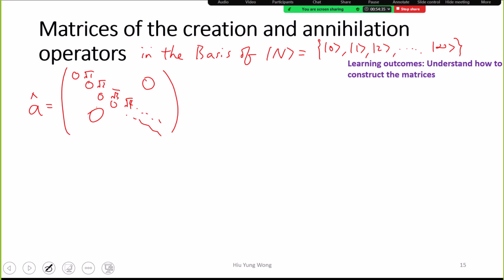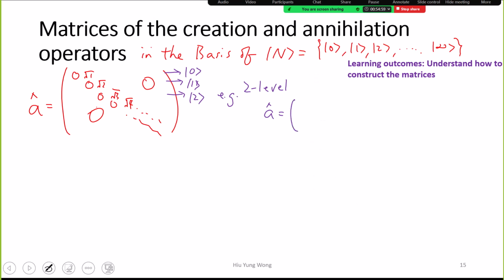Now, again, why this is the case: you can think of it as the first line referring to the 0 state, the second line referring to the 1 state, the third line referring to the 2 state, right? So for example, in the 2-level system, which we will study soon, for the simple harmonic oscillator, what is A?